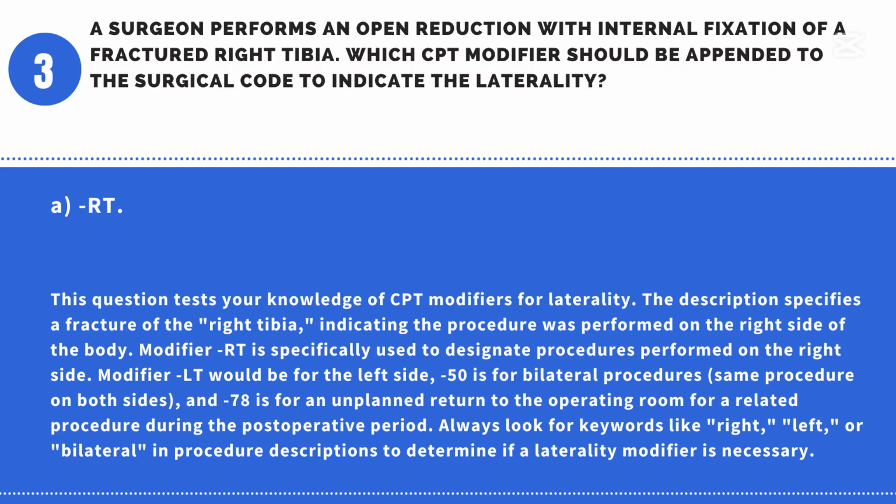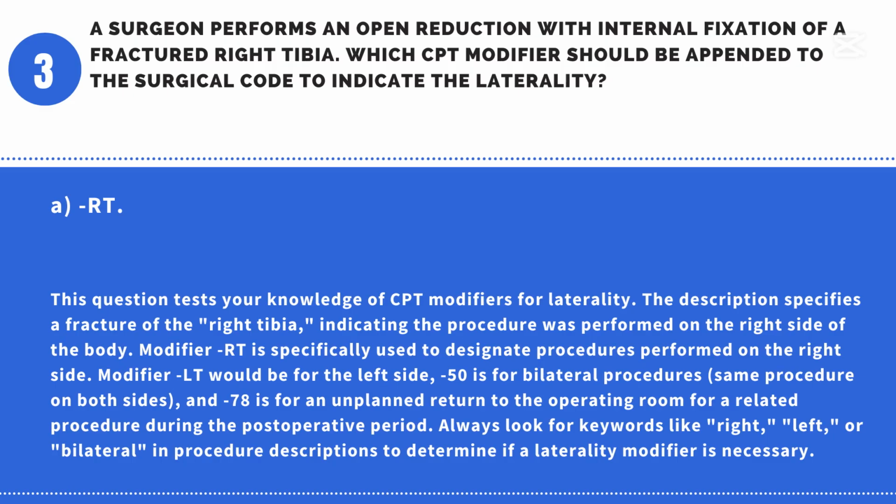Answer: A. RT. This question tests your knowledge of CPT modifiers for laterality. The description specifies a fracture of the right tibia, indicating the procedure was performed on the right side of the body. Modifier RT is specifically used to designate procedures performed on the right side.